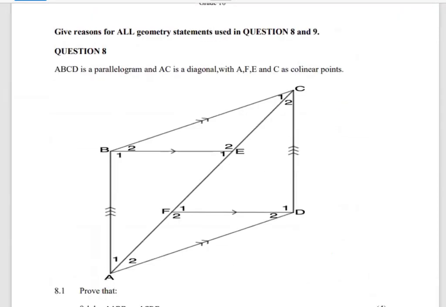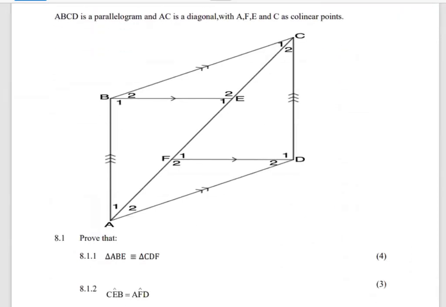Okay, ABCD is a parallelogram. AC is a diagonal. And then we go on to say that A, F, E, C are collinear. They are on the same straight line. Now, can we prove that ABE is congruent to CDF?